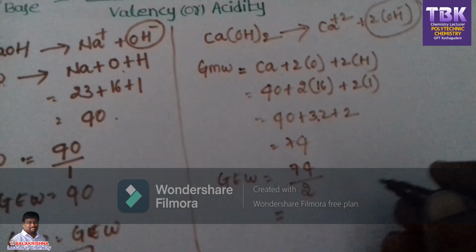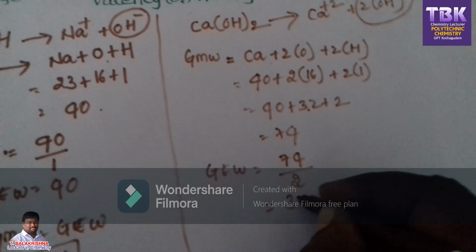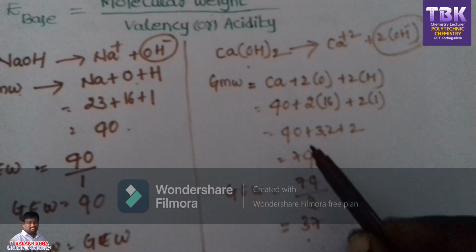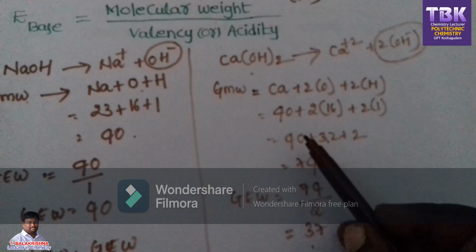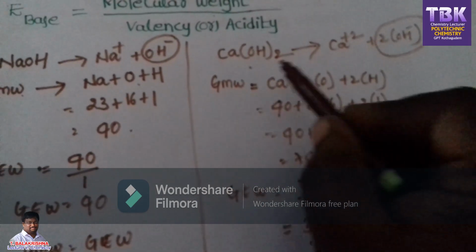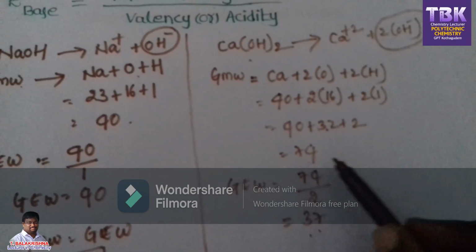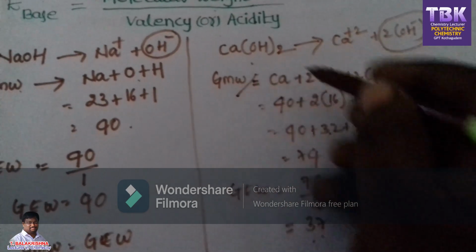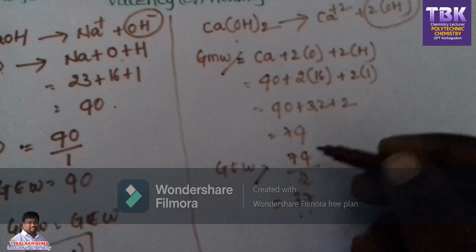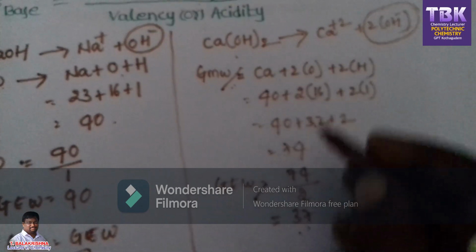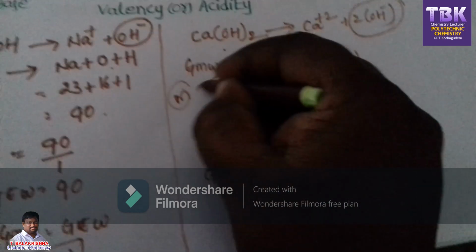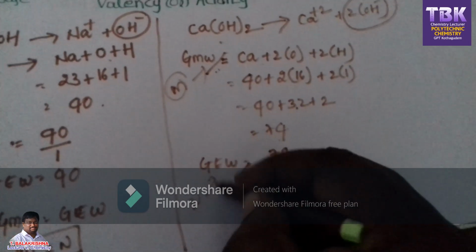So 74 by 2 is 37. 37 is the gram equivalent weight of calcium hydroxide. For normality problems of calcium hydroxide, you substitute 37. For molarity problems, you substitute 74, because the formula uses gram molecular weight. In the normality formula, the weight is the equivalent weight. That is the difference between molarity and normality problems.